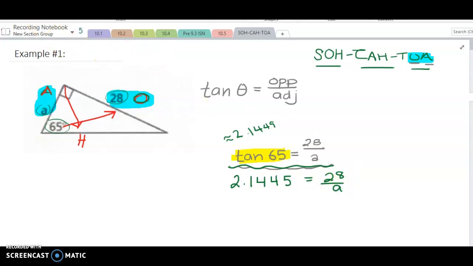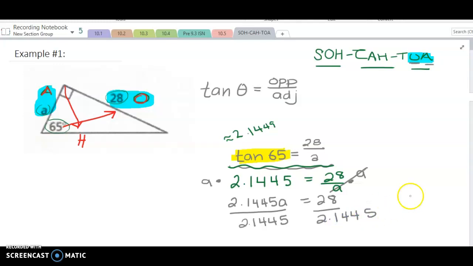Now remember, anytime you have a fraction, you always want to multiply both sides by the denominator, because that will make those go away. So you get 2.1445 times A equals 28. And then from here, just divide both sides by 2.1445.